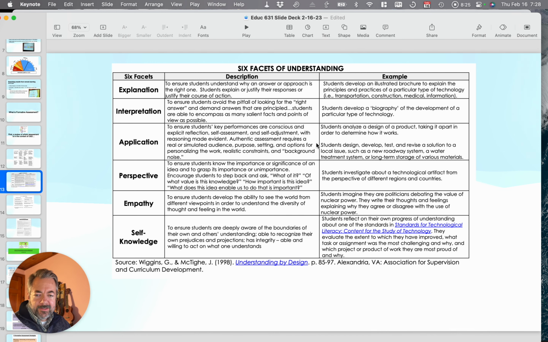And so the 6 facets, real briefly, go like this. Explanation is kind of often what you think about. Can I ensure that kids understand because they were able to explain a topic? Am I sure that they understand my skills or content that I taught because they can interpret it from many points of view? The next one is, can they apply it? Again, that's kind of the transfer concept of education.